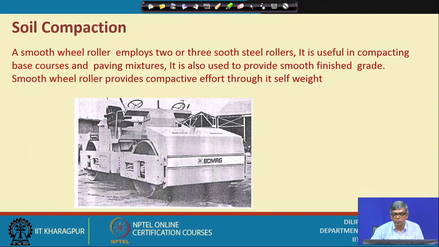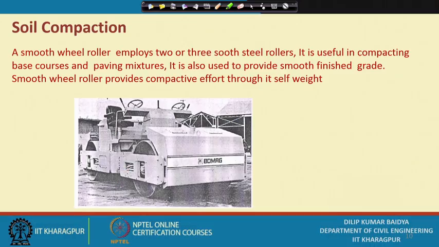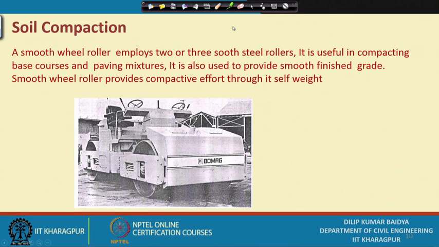It is also used to provide a smooth finish grade, and smooth wheel rollers provide compacting effort through their self weight only. These rollers are huge and made of steel, and that weight itself gives you the compacting energy. They are useful for compacting base course and paving mixture, and also provide a smooth surface.